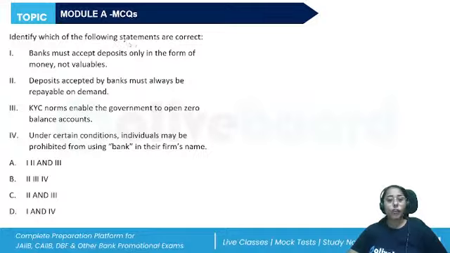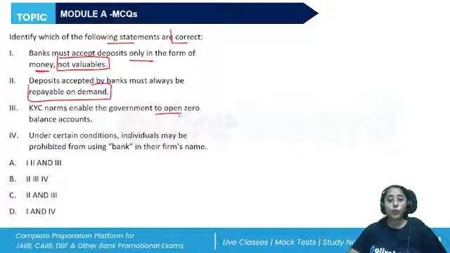Identify which of the following statements are correct. One: Banks must accept deposits only in the form of money and not valuables. Two: Deposits accepted by the banks must always be repayable on demand. Three: The KYC norms enable the government to open zero balance accounts.